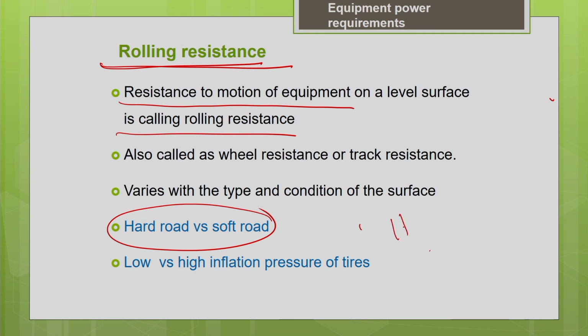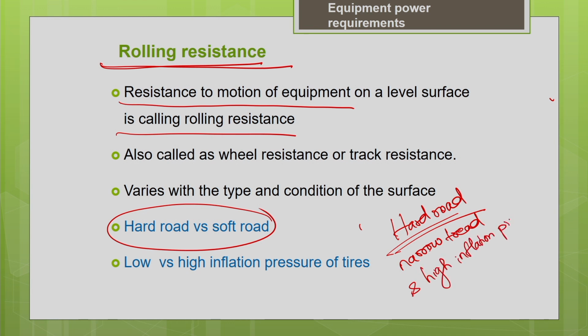In a hard road, a wheel with a narrow tread, that is a smaller dimension, and high inflation pressure in the tire will give you low rolling resistance. So on a hard road, to have low resistance, I need a tire with narrow tread and high inflation pressure, so that the contact area with the surface will be minimum, and the resistance will be minimum.